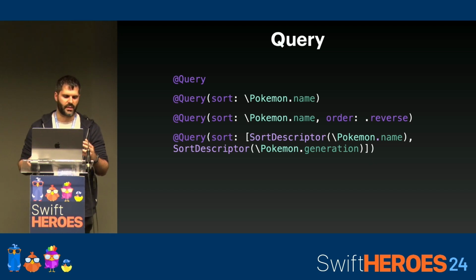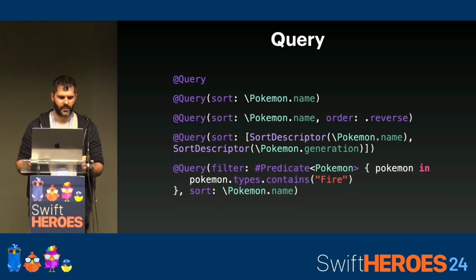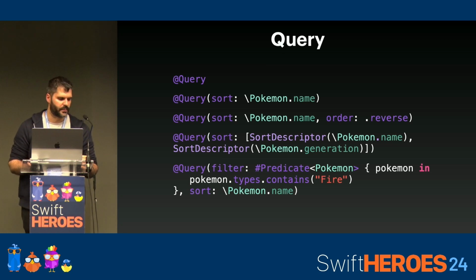We can define different sort descriptors, and they use a keypath, so we can specify them. And we can filter our models with a predicate. In this example, I'm going to retrieve all the Pokemon that contain, for example, the fire type.